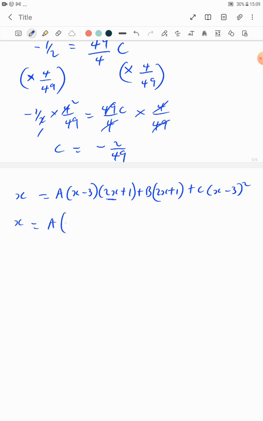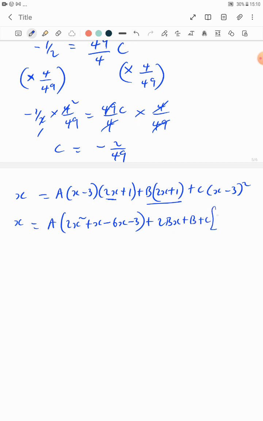So x times 2x will give us 2x squared, okay, plus x minus 6x minus 3 plus, okay, if you open this, that will be 2bx plus b plus c.